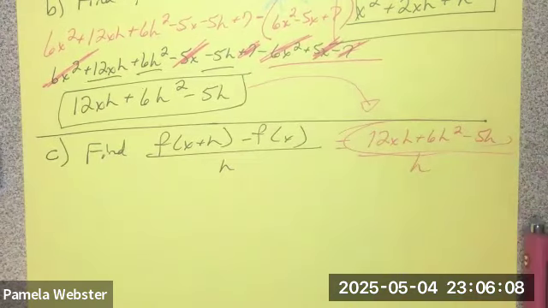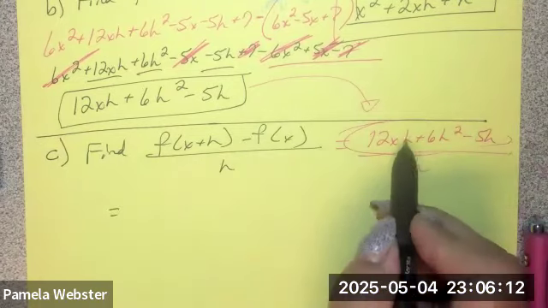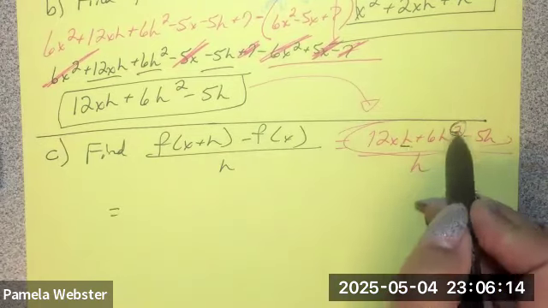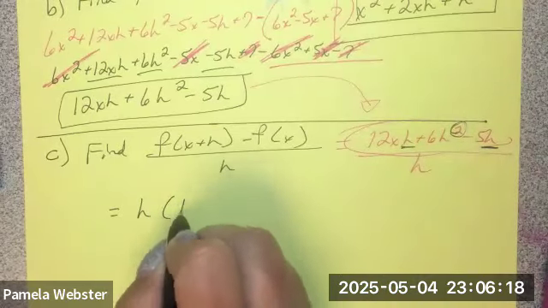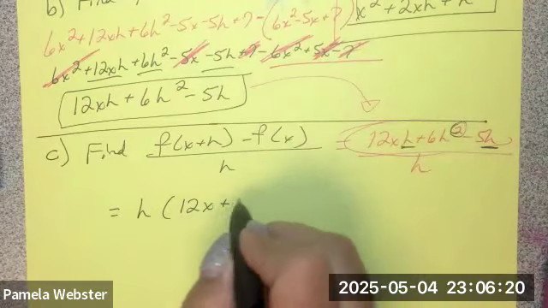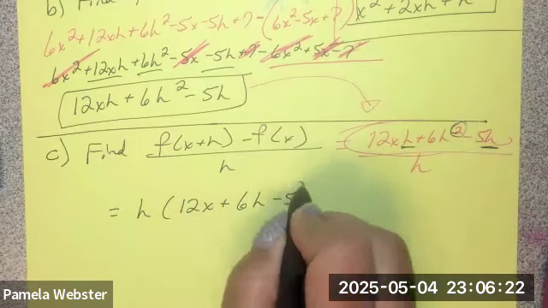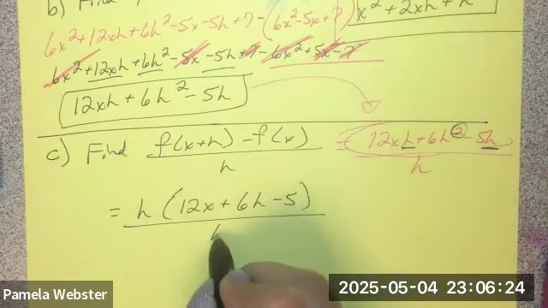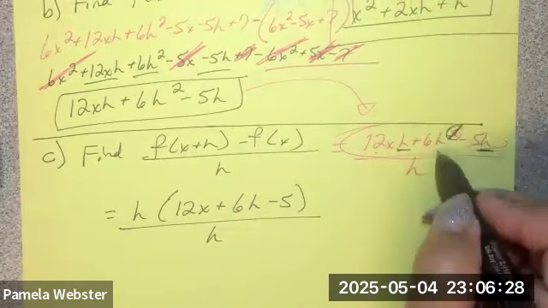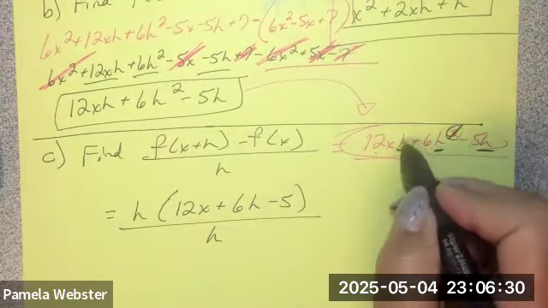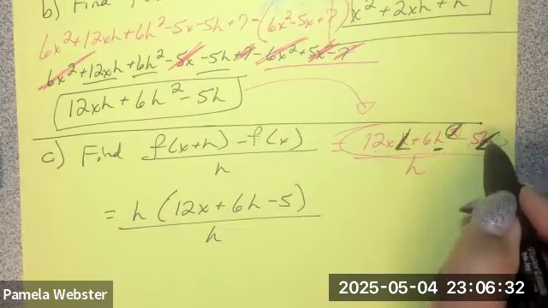Okay. If you are not quite sure, remember that this has an h, this has two h's, and this has an h. I'm going to factor out an h here. Factor out that h. One of these goes away, but one h is left. Remember that. This h goes away and this h goes away.